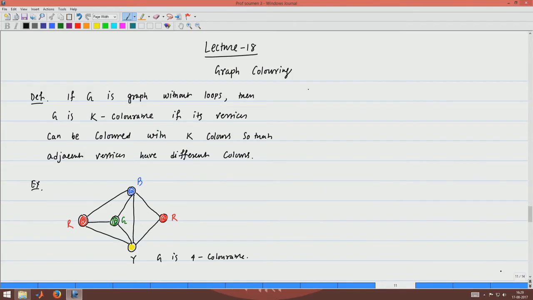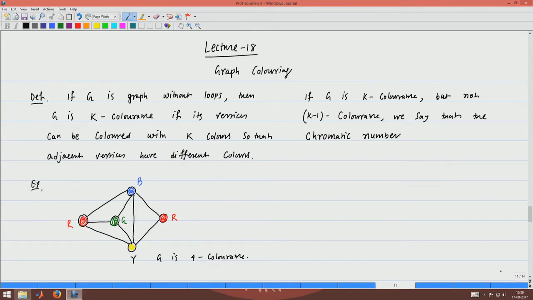So, if G is k colorable, but not k minus 1 colorable, then we say that the chromatic number of G is k.